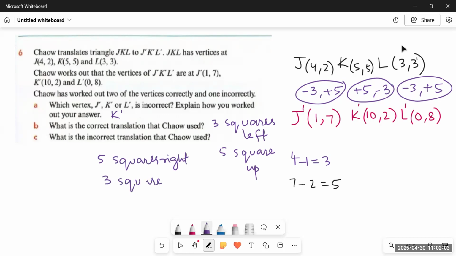This is the wrong one. And these two are correct. J' and L' are correct, but K' is wrong. And how did we identify it? By just looking at the differences between the coordinates of the original object and the image. That's all.